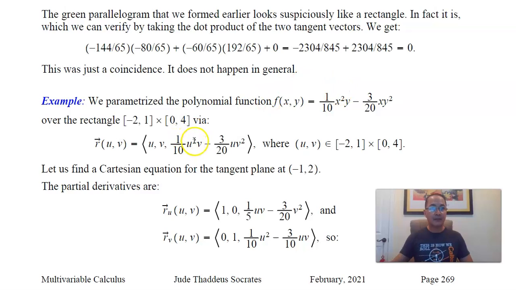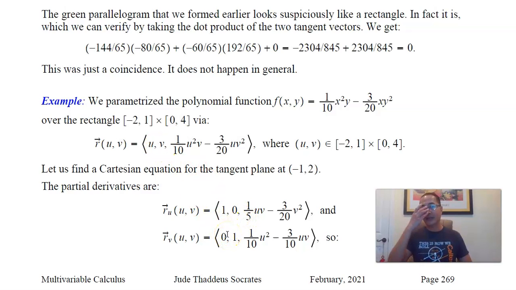Okay, let's find the partial derivatives. With respect to u, the 2 will go down, so you get 2 over 10, 1/5, u times v. U will disappear, minus 3 over 20 v squared. Okay. Partial with respect to v. Oh, I'm sorry. I forgot that there's a u and a v there. So u becomes 1, v becomes 0.